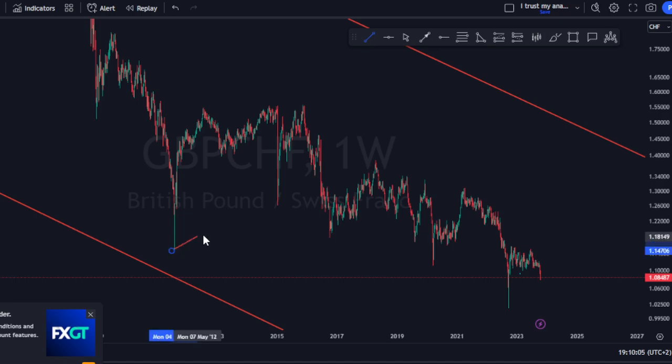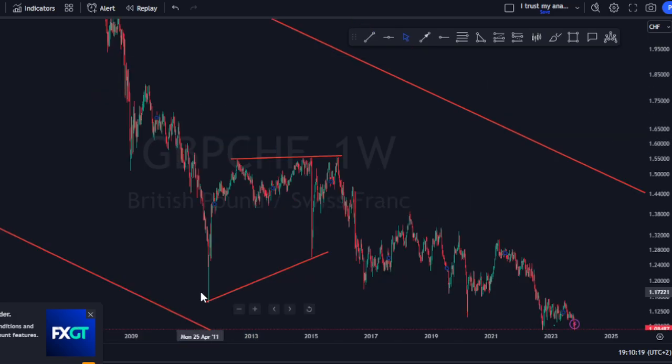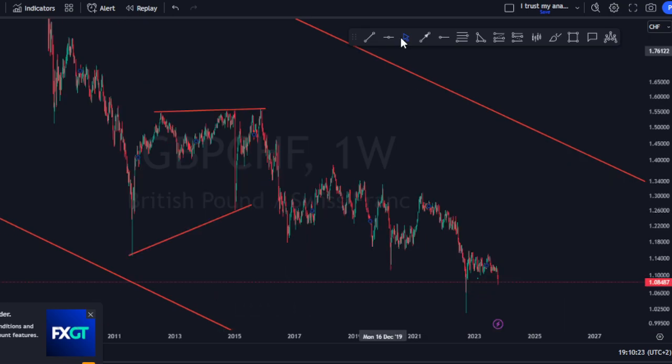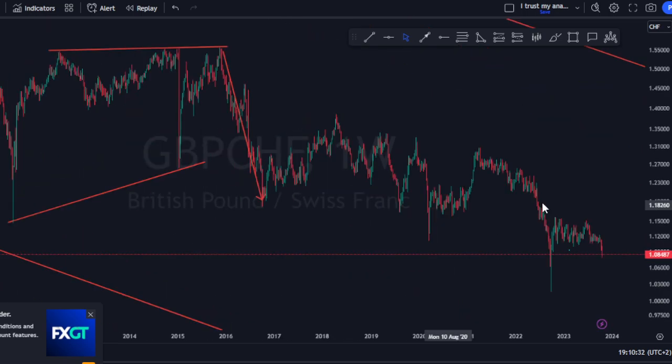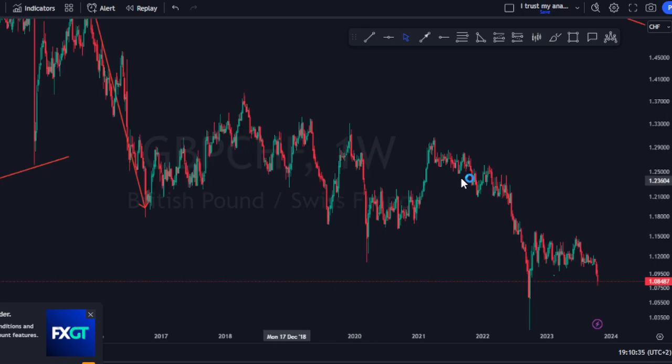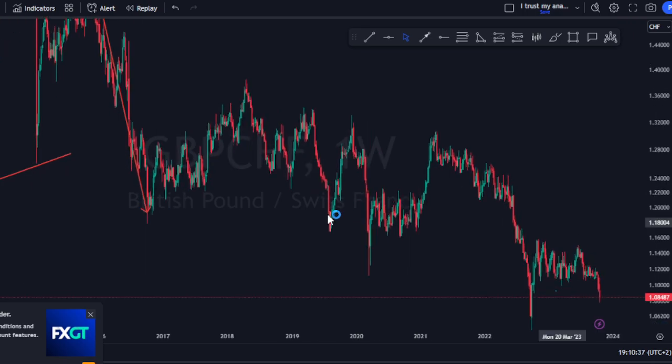If we join these two lows, these two highs, see we have a nice pattern. We have this push down, price now gave us this pattern here, and then it pushed down again. As I said, we're going to do pattern separation. We're just going to identify these patterns.